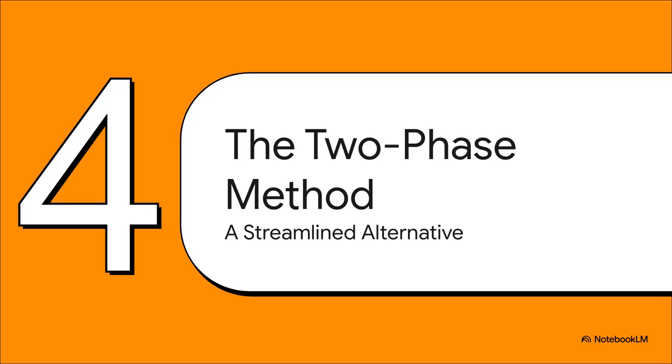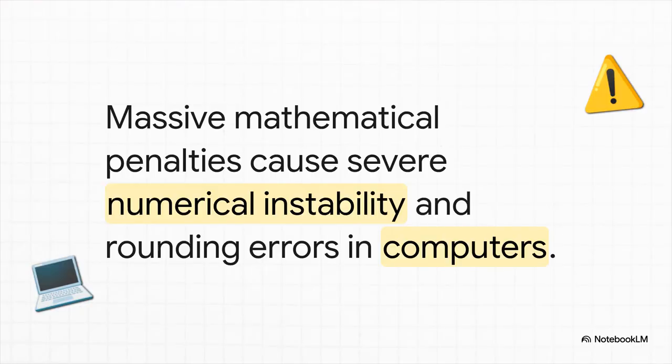Section 4, the two-phase method, a more streamlined alternative to Big M. So here is the real-world limitation of the Big M method. While you or I can write the letter M on a chalkboard and just pretend it means infinity, software programs, well, they have to use actual tangible numbers in their code.